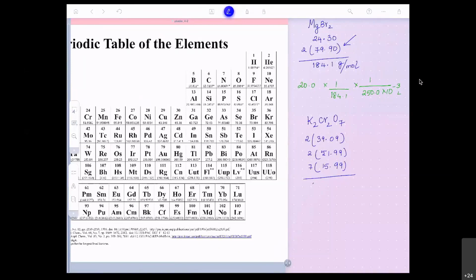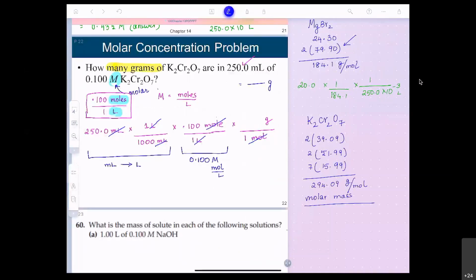I'm getting 294.09 grams per mole. This is the molar mass of this compound called potassium dichromate. Whether you know the name or not is not important, but the formula is necessary and it's already given to you. Now this you will write on the top. So that's 294.09. See how you've canceled everything and your final answer is going to be in grams?